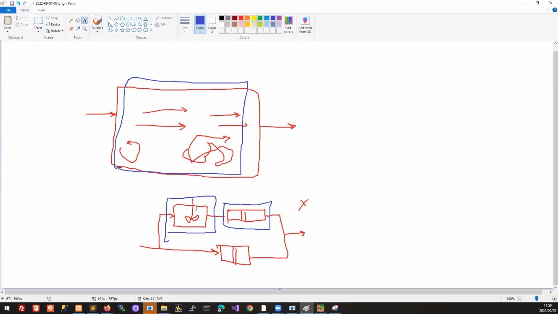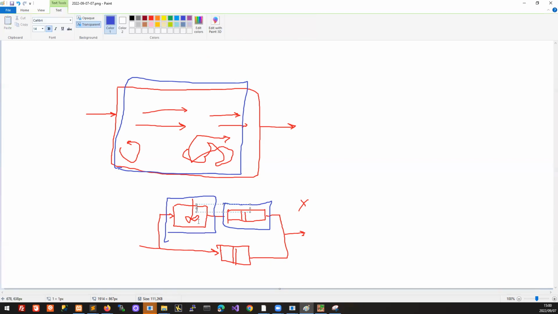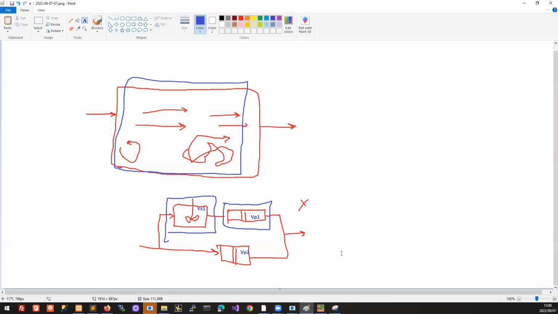So we need to know this volume, VS1, and this is a different volume, VP1, and this is a different volume, VP2. And these are virtual volumes. If you think about the real case, these are just imaginary volumes in some real reactor.